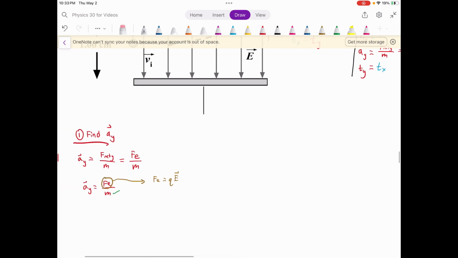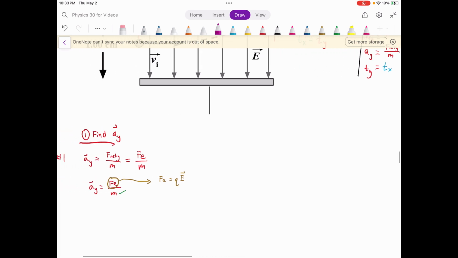So we can get the electric force. So we can get the acceleration. It's almost like dominoes. You set them up and then they all kind of fall into place. So we could go one at a time and just calculate the electric field, then use that to calculate the electric force, then use that to calculate the acceleration.